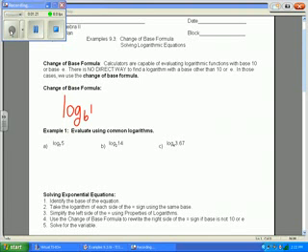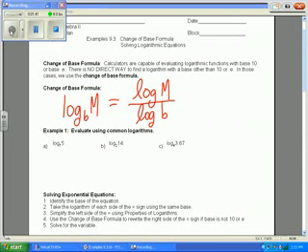You have log base b of M. Then what you can do is change that to your base 10 log by dividing log M by log b. So how has that changed the base?